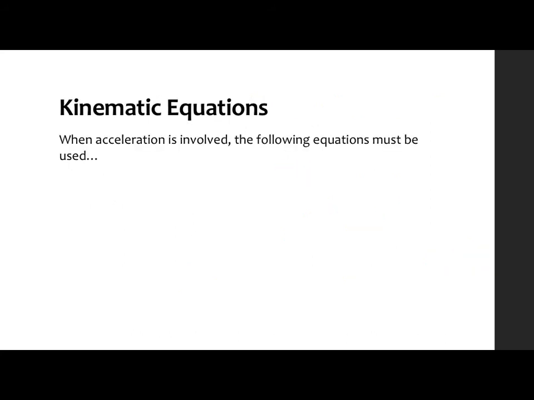So when acceleration is involved, the following equations must be used. These three are on the reference table, and notice how each of them involves the use of a and vi.